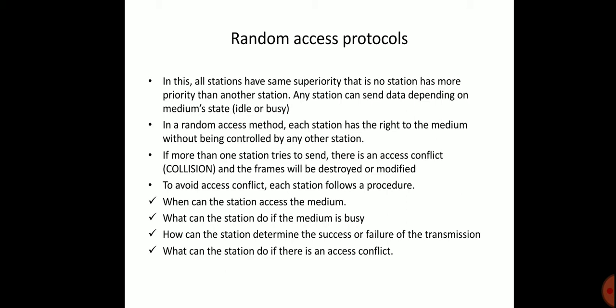If more than one station tries to send, there is an access conflict, that is a collision, and the frames will be destroyed or modified. To avoid access conflict, each station follows a procedure. When can the station access the medium? What can the station do if the medium is busy? How can the station determine the success or failure of the transmission? And what does the station do if there is an access conflict?